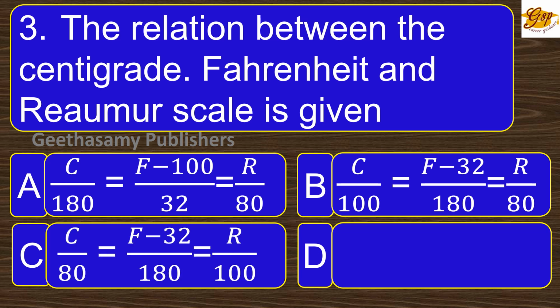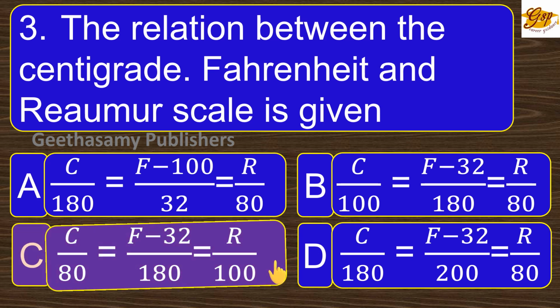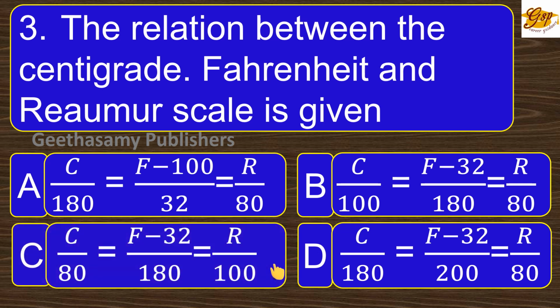C, C by 80 equal to F minus 32 divided by 180 equal to R by 100. D, C by 180 equal to F minus 32 divided by 200 equal to R by 80. The correct answer is C, C by 80 equal to F minus 32 divided by 180 equal to R by 100.